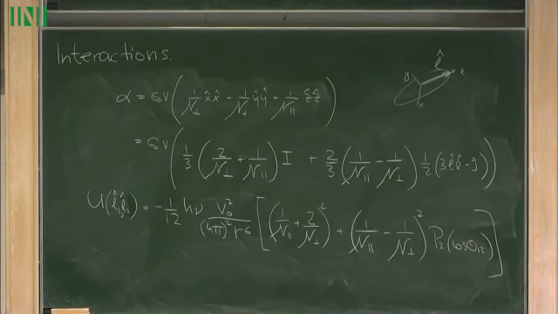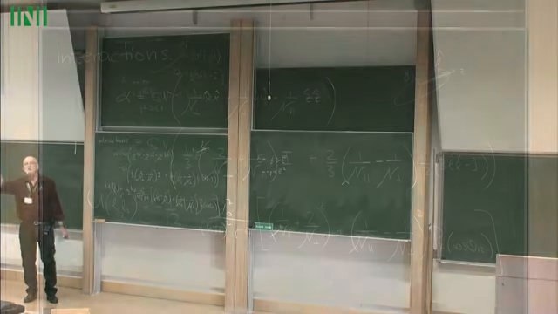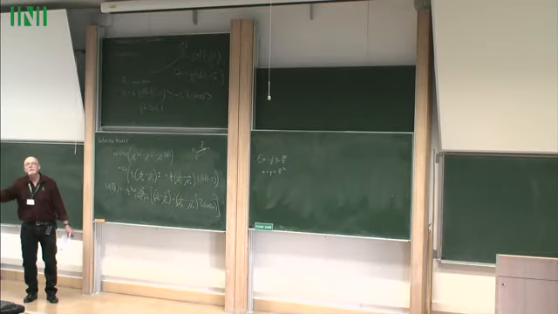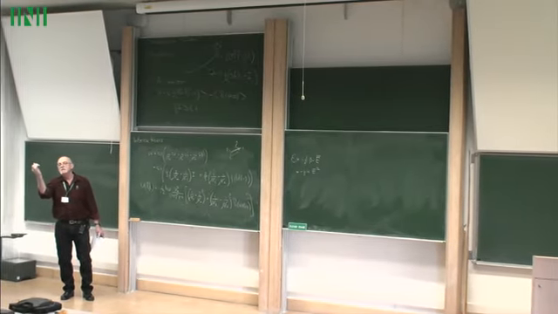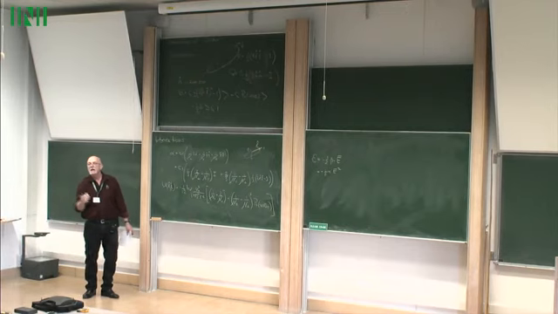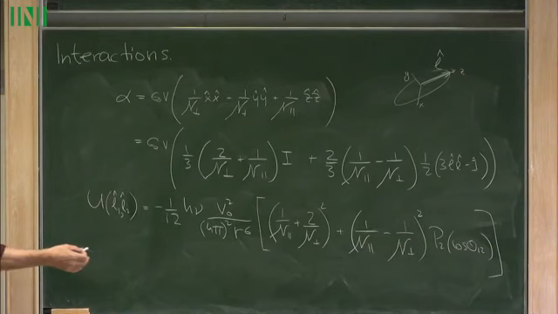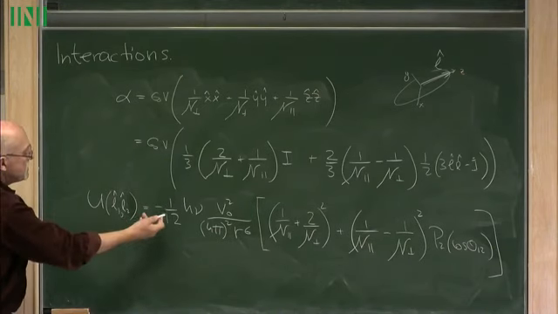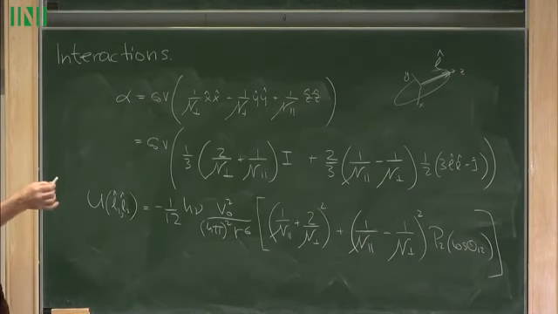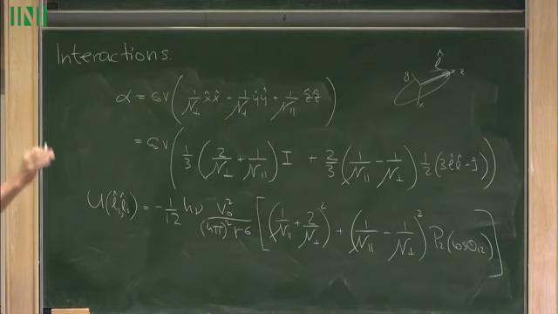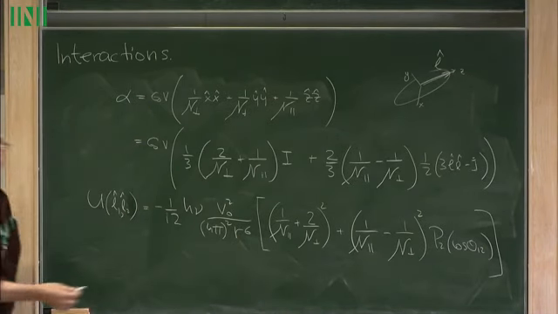Okay, and now comes the question what to do next. So now we want to ask the question, suppose I have one molecule in a sea of other molecules, what is its energy? So we then have to consider its interaction with all the other molecules. So we have to multiply this term by the number density of molecules and integrate over volume.